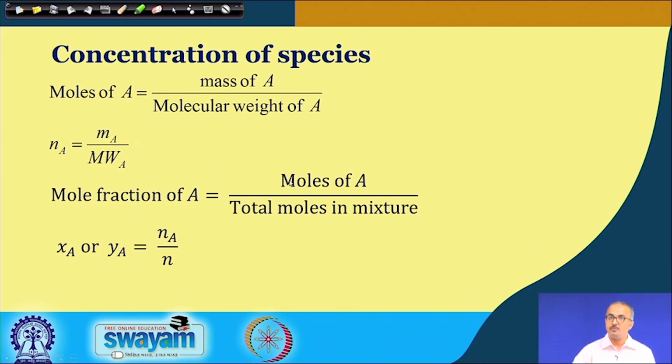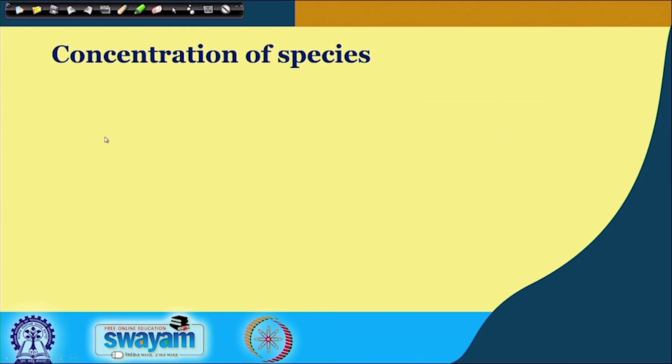It is the number of moles of the particular component in the mixture divided by the total number of moles in the mixture. In the total number we add the number of moles of each of the components, and this is represented by either x or y, with a subscript to denote the particular component, and n stands for number of moles, m stands for the mass.